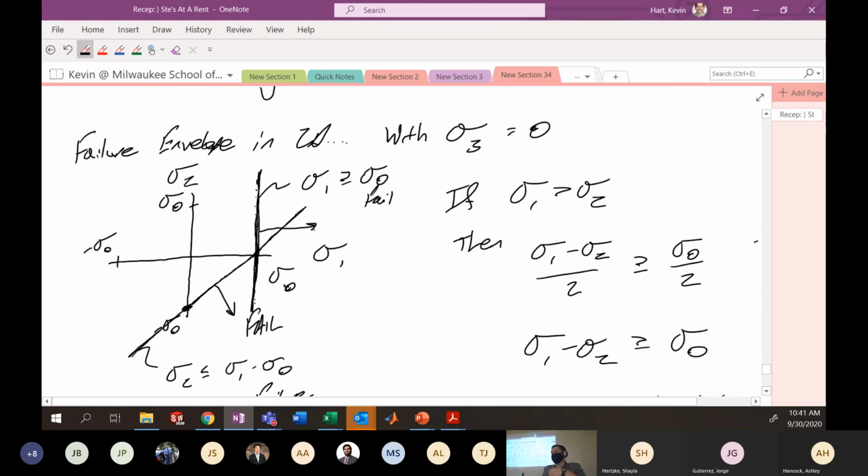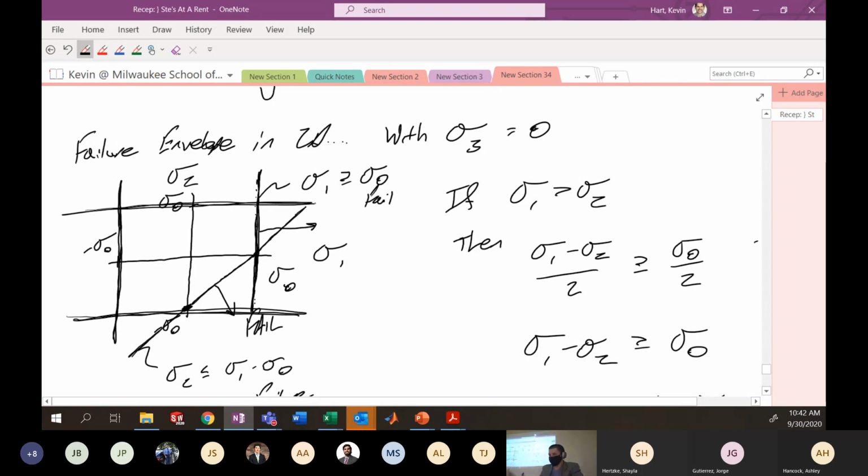There are a few other lines that we could make that would follow this same trend, where you would assume sigma 3 is 0. Those lines would look a lot like the max normal stress theory as well. Like here, and here, and here.